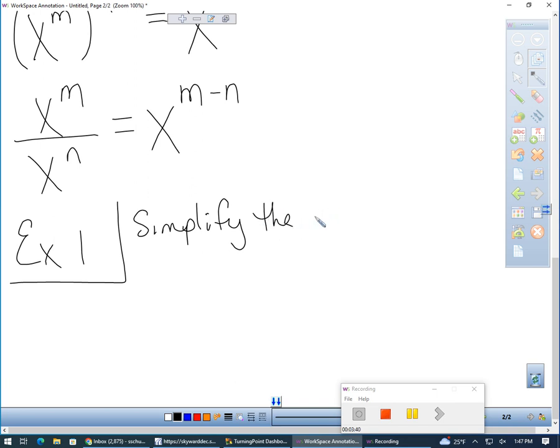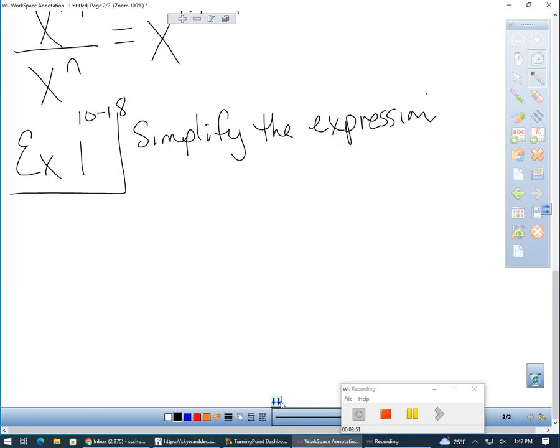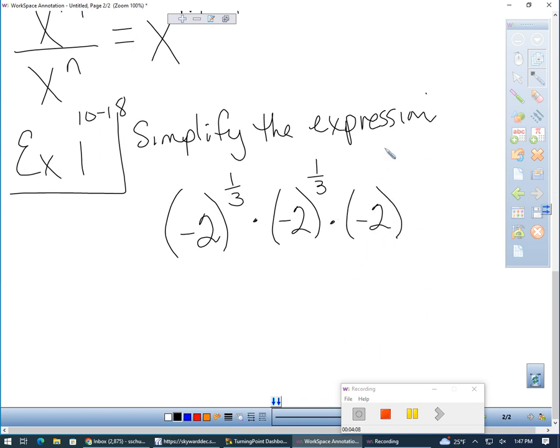We are going to simplify the expression. This is going to cover your 10 through 18 for those of you that like to look back and have something to refer to. Let's say I have -2 to the 1/3 times -2 to the 1/3 times -2 to the 4/3.